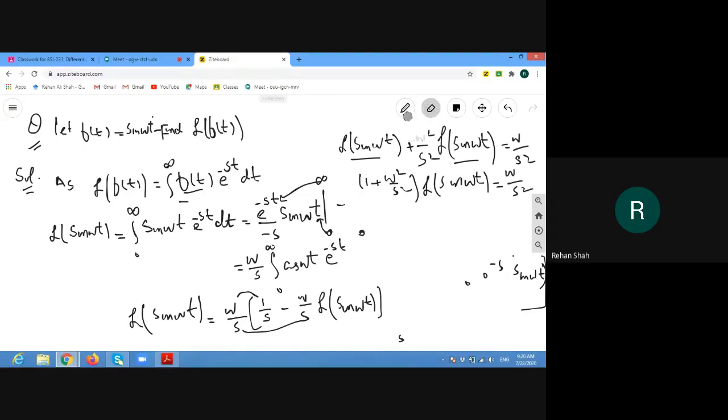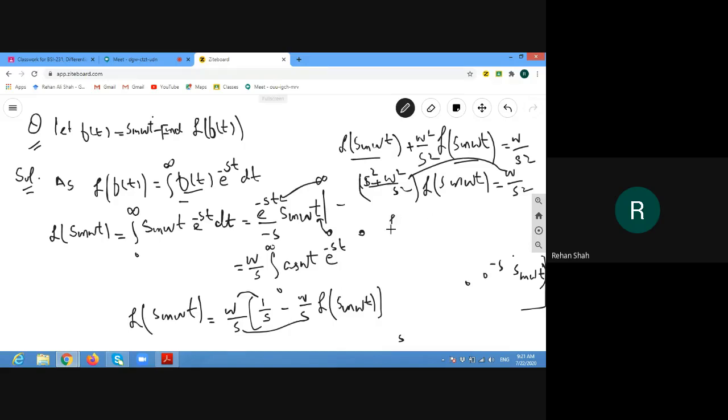So if you take LCM of these two terms, this will become omega square plus s square divided by s square, if you remember. So if you take this to the right hand side, this is omega by s square, yes.